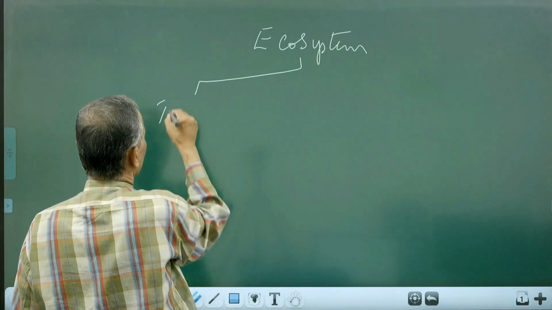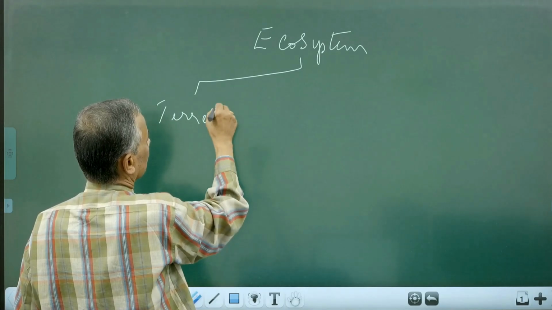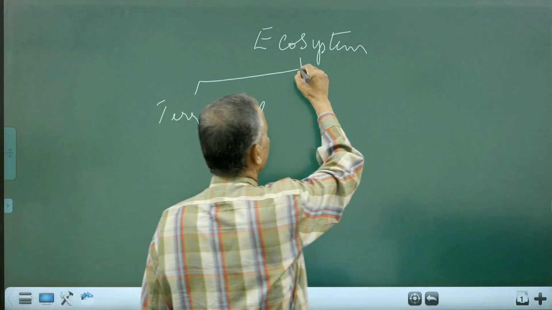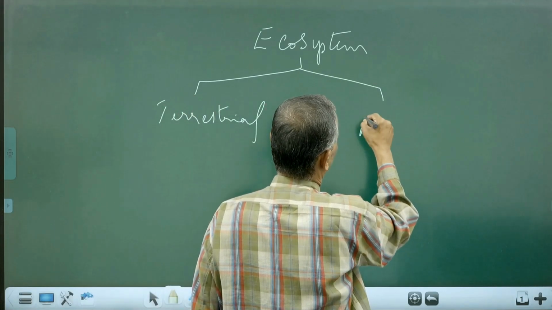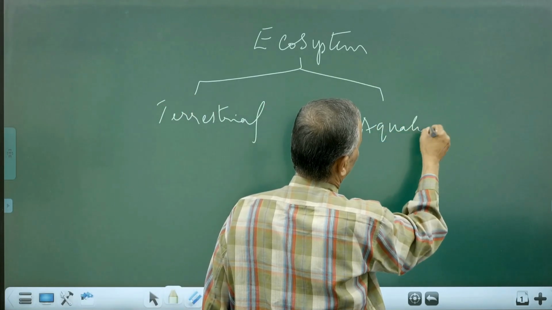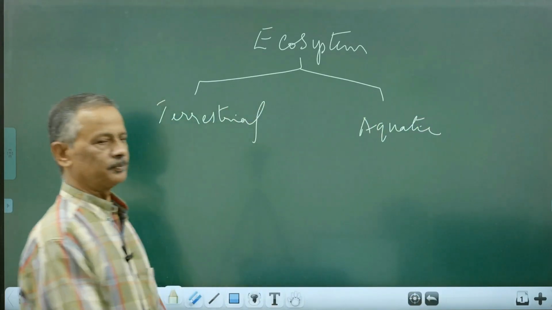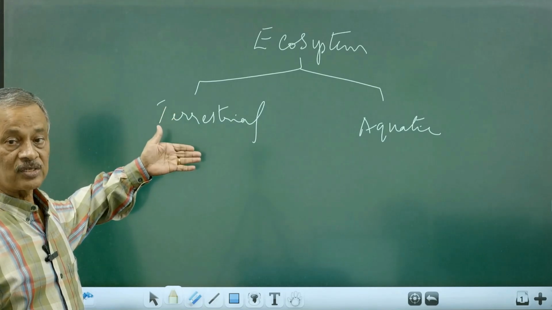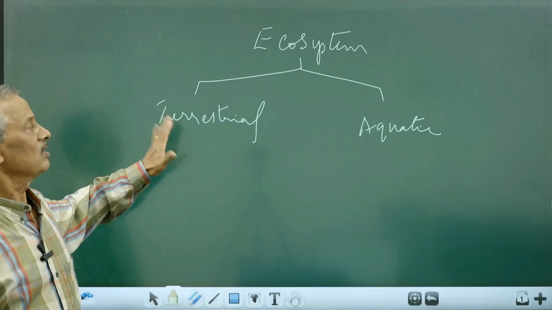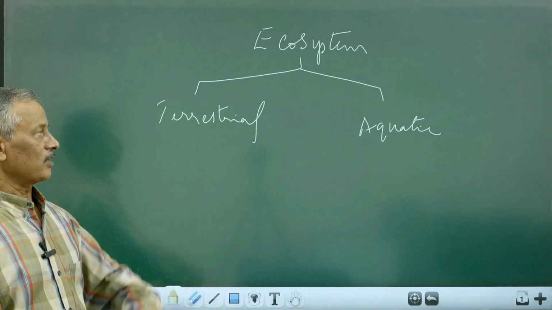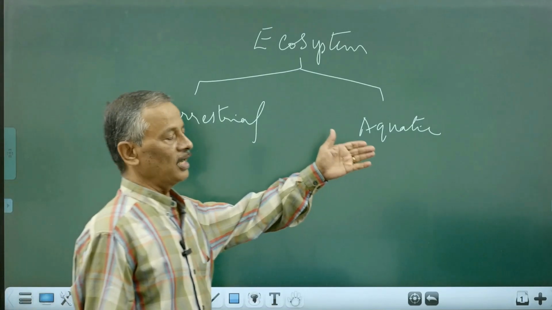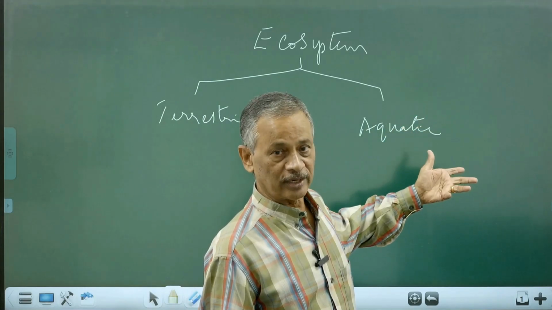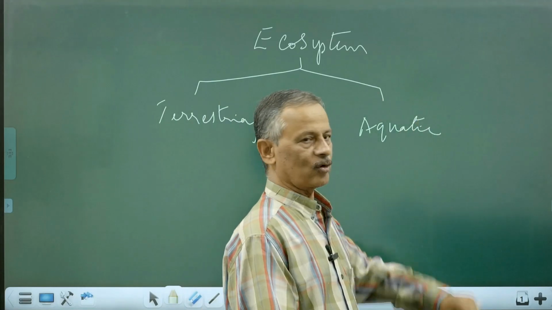If it is land, it is called terrestrial ecosystem. And if it is aquatic, water, we call it as aquatic ecosystem. Okay. Forest, grasslands, desert are all typical examples for terrestrial. A pond, a stream, a river, and an ocean, they will be all coming under aquatic.